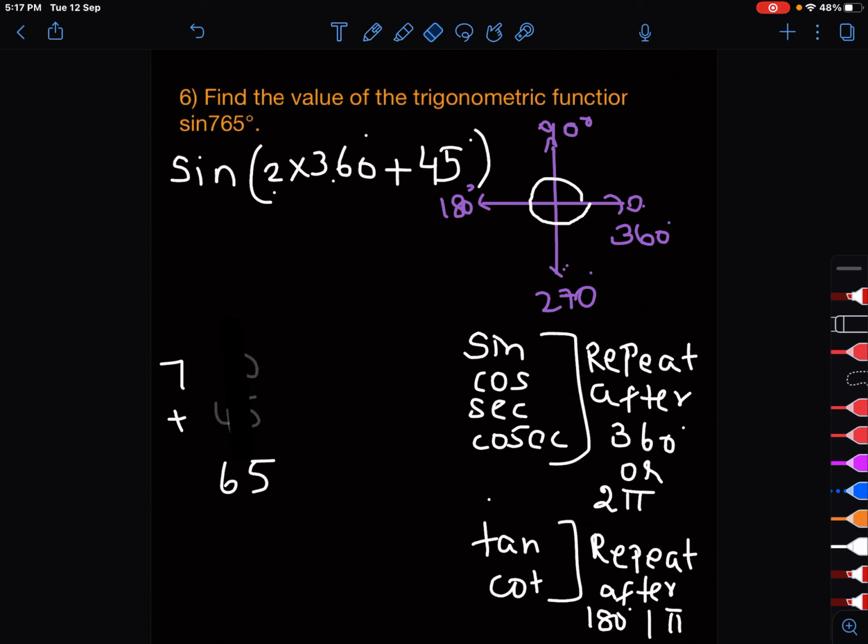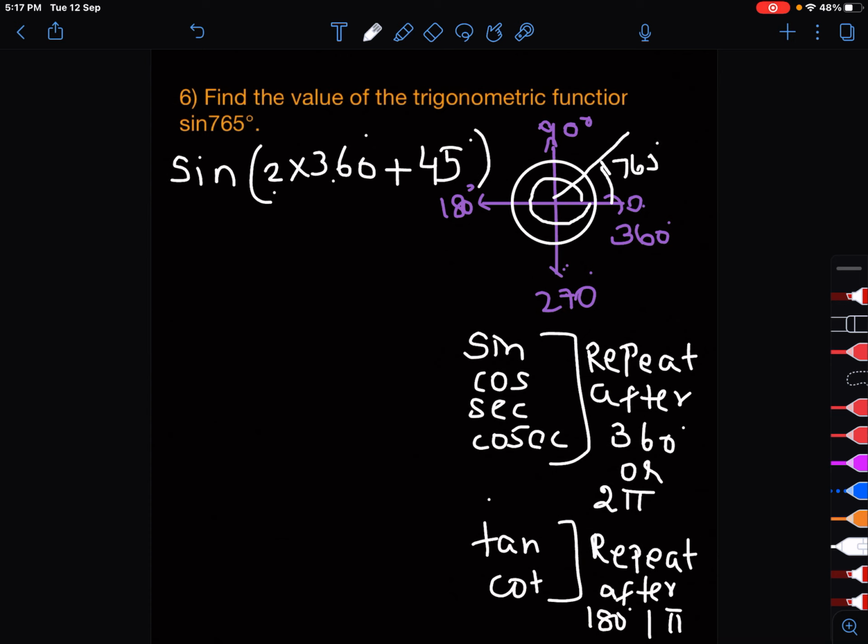Got it? Now we know here one rotation is 360, another rotation will be your 720, and then again plus 45, here you will be getting your 765.